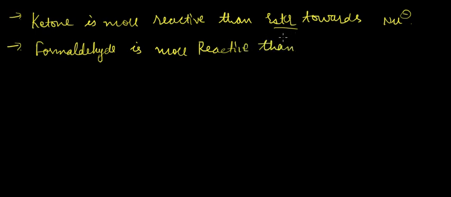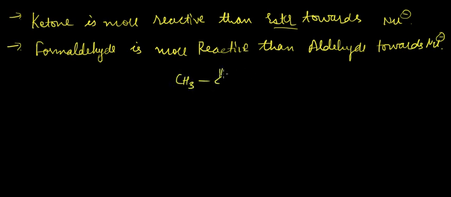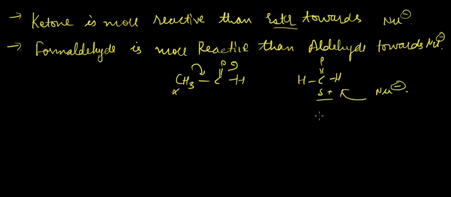Why? Because obviously this aldehyde has alpha hydrogen and can have hyperconjugation, whereas formaldehyde has no alpha hydrogen, hence it has more delta positive character, hence a better choice for a nucleophile to attack.